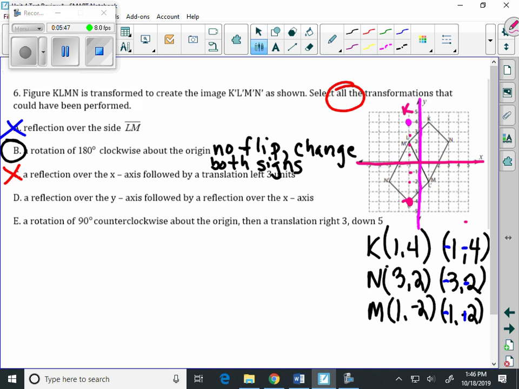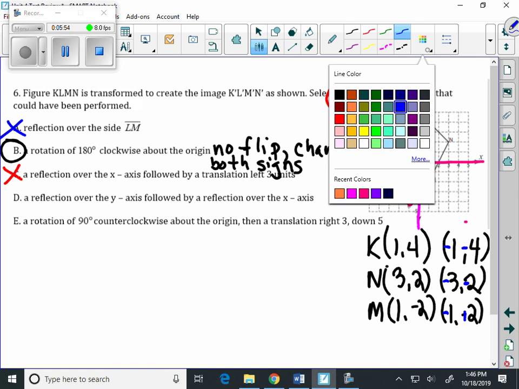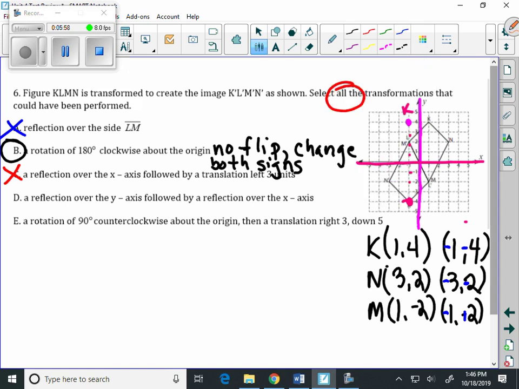So let's try another one. Let's try N. Well, we're going to reflect over the y-axis first for N. So N is 1, 2, 3 spaces away. So 1, 2, 3, here's N. And then a reflection over the x-axis.